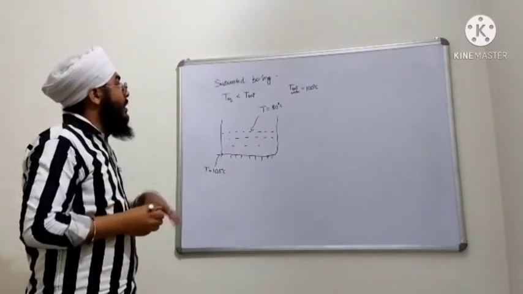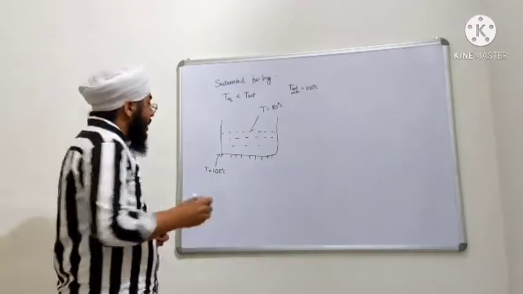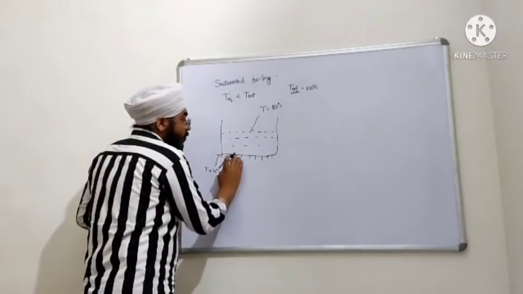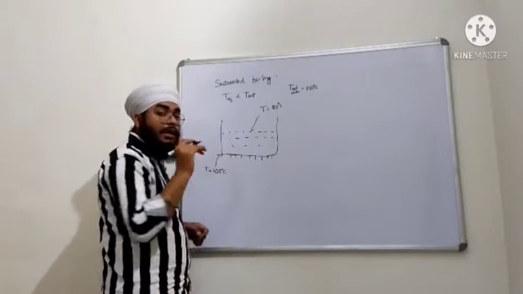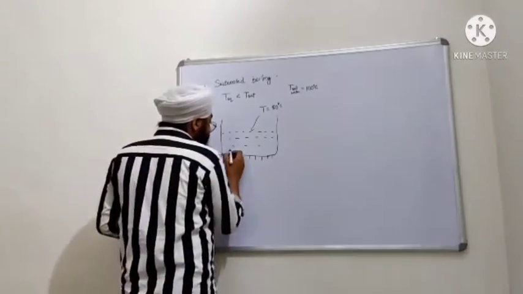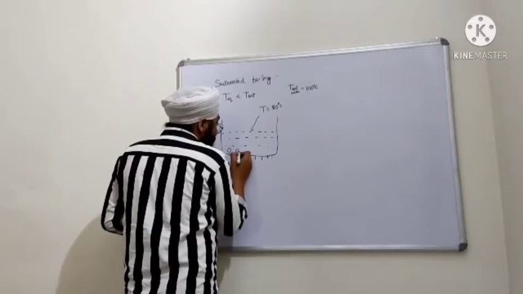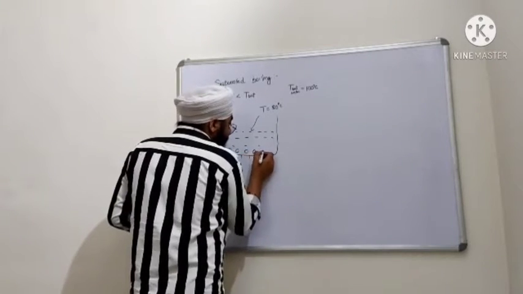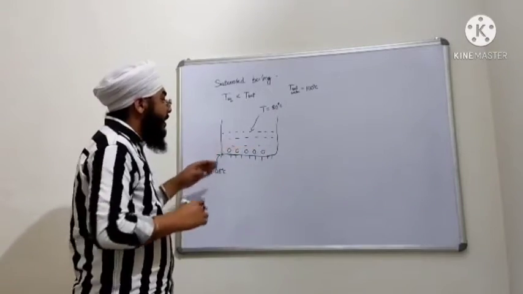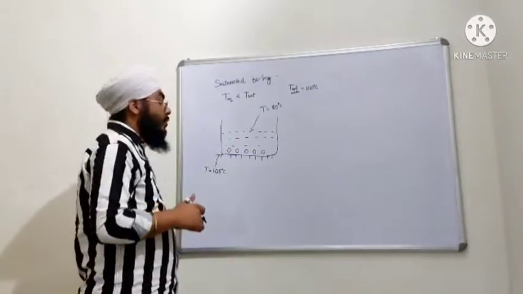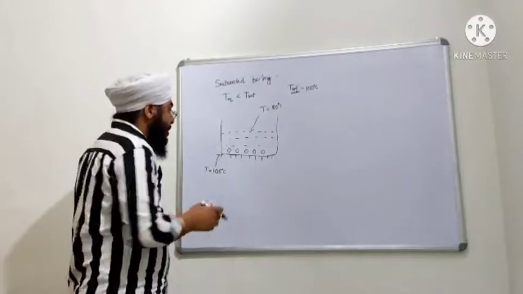Now what will happen in subcooled boiling is, this wall will transfer the heat to the next liquid layer that is in contact with this surface. Because of this, the liquid particles present at this layer will get converted into vapor because of evaporation.